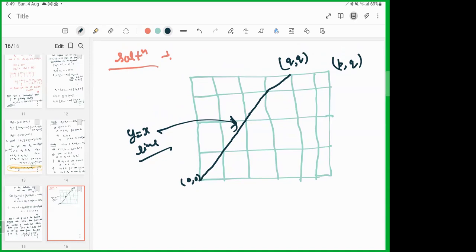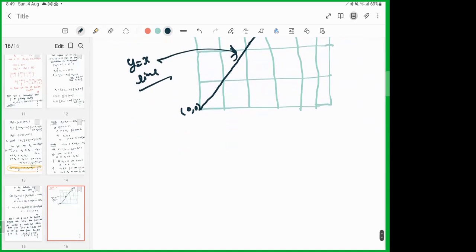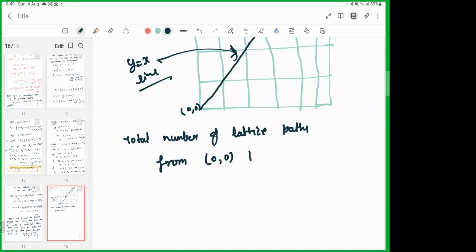Okay, let me write what you are saying. So the total number of lattice paths from 0, 0 to p, q is p plus q choose q, right?